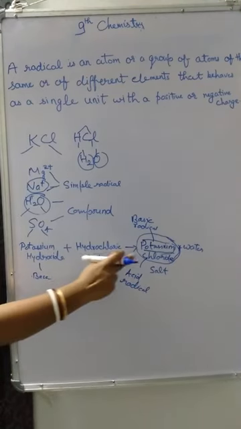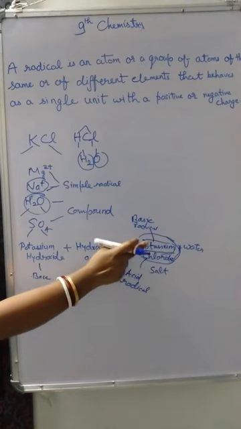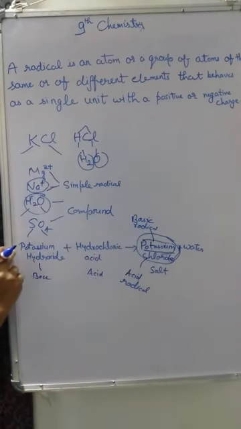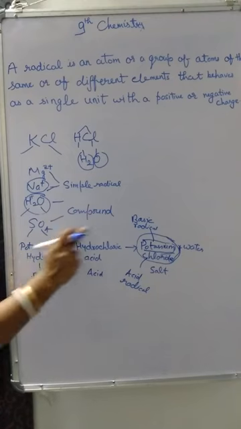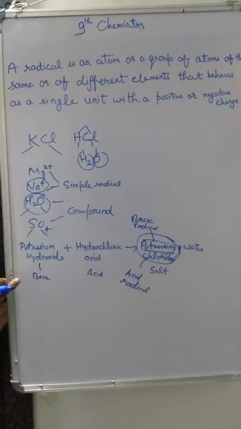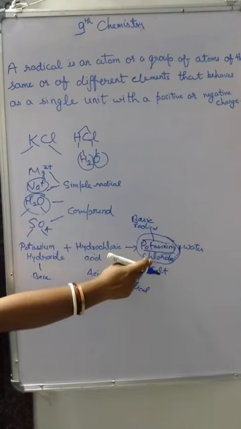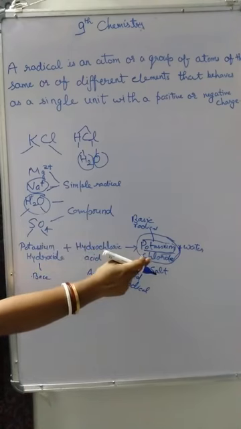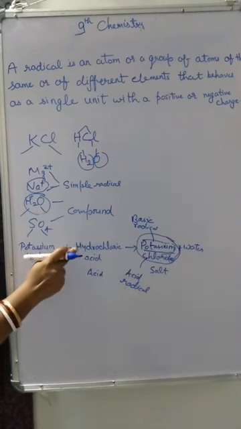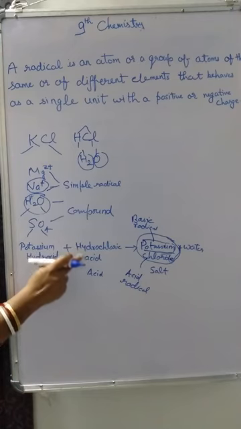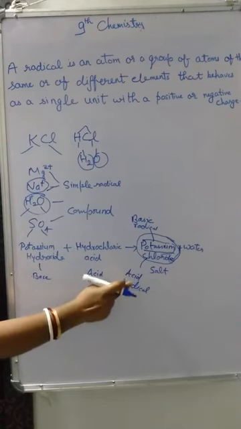In the formation of this potassium chloride, this potassium has been contributed by the base potassium hydroxide, and that is why it is called basic radical. And the chloride radical has been taken from this hydrochloric acid. That is why it is known as acid radical.